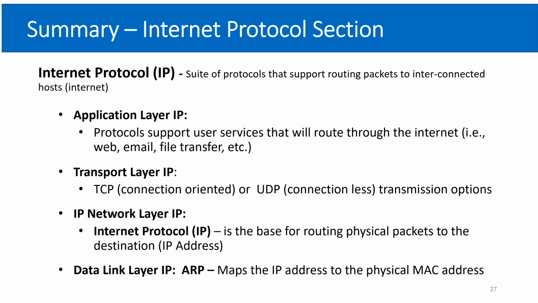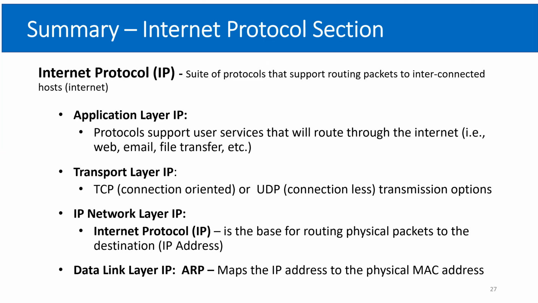So here are the layers we just went through. The application layer, these are the user services. The transport layer, that's where we put our TCP or UDP on it. That's where we do our three-way handshake. The network layer puts the IP information on it and physically routes the packet to its destination.